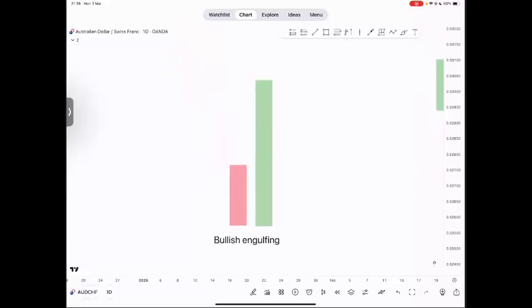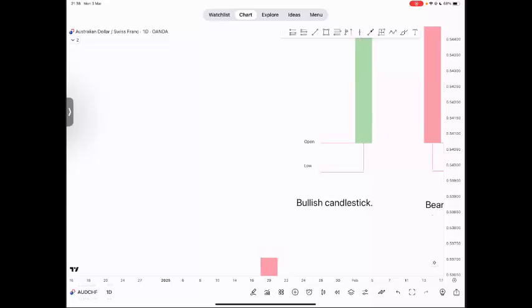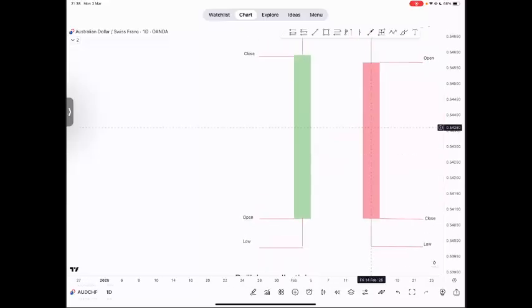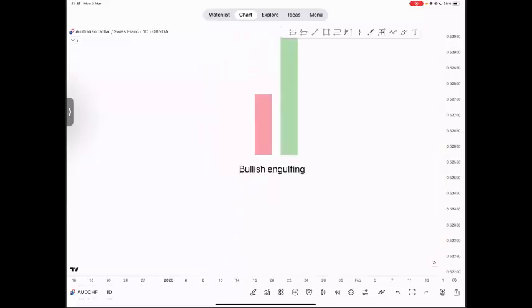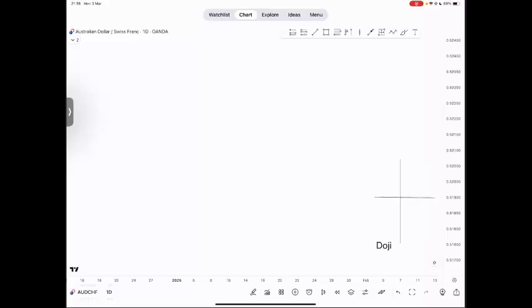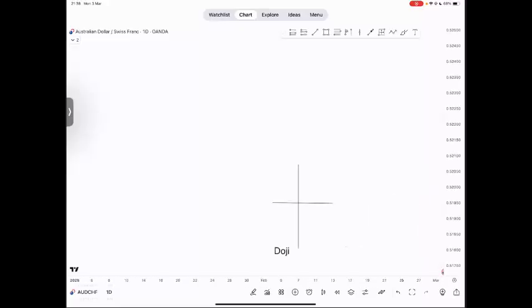The bullish candlestick here has a green body, and this one has a red body. The engulfers as well were made up of bullish and bearish candlesticks that had bodies. But this particular candlestick has little or no body, when price opens and closes at the same level or very close.